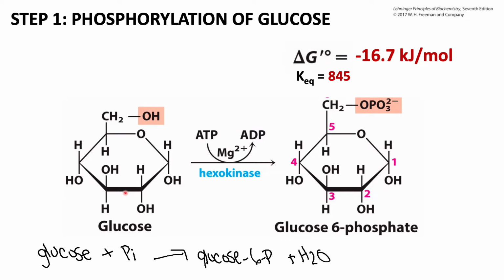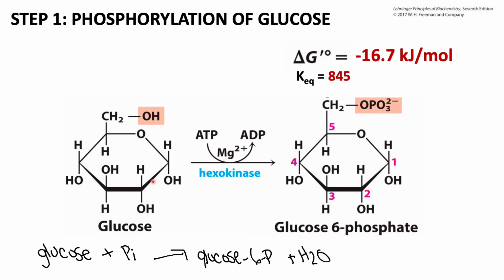So when our energy levels are low in a biological system, enzymes will phosphorylate the glucose to signal to the cell that, hey, break this down because we need energy. And that's the first step of glycolysis. It's to phosphorylate glucose to signal to the cell to break it down.